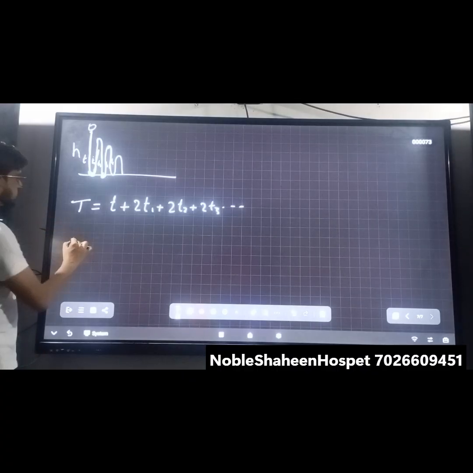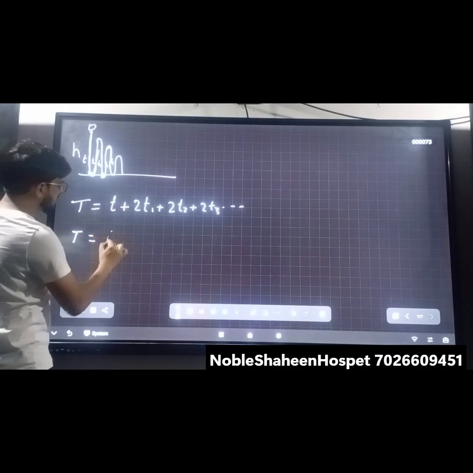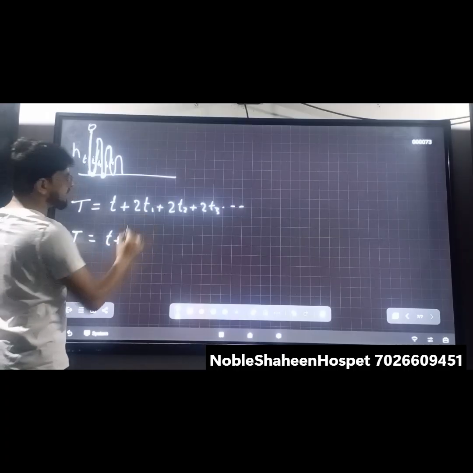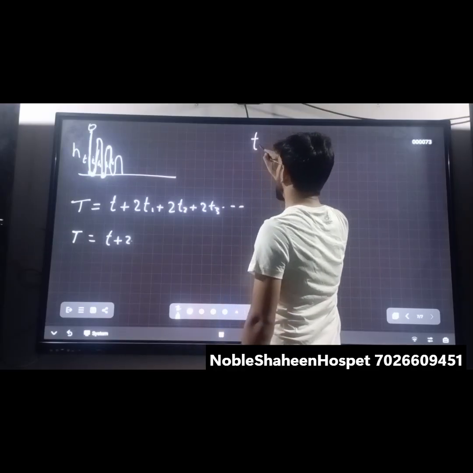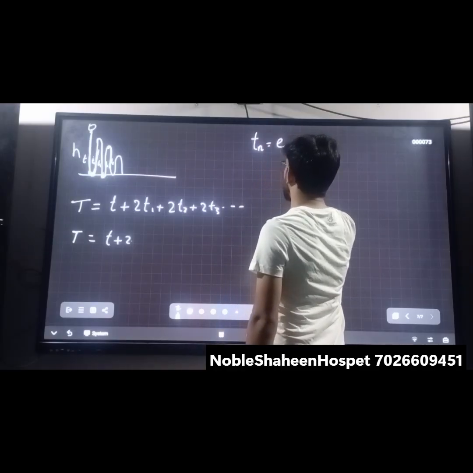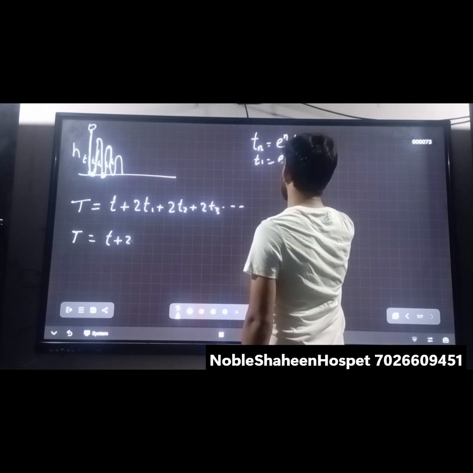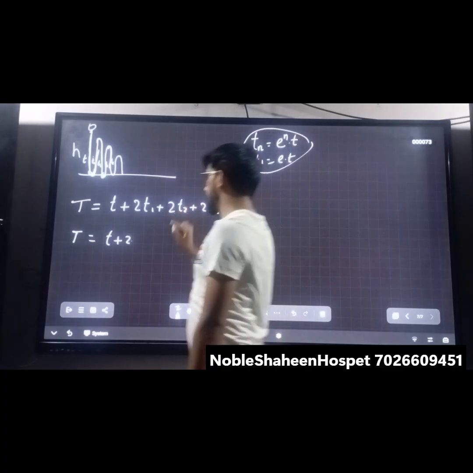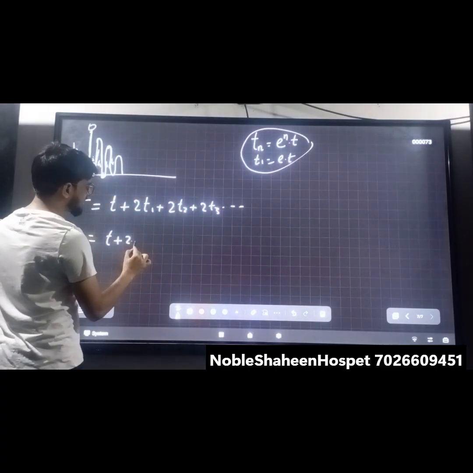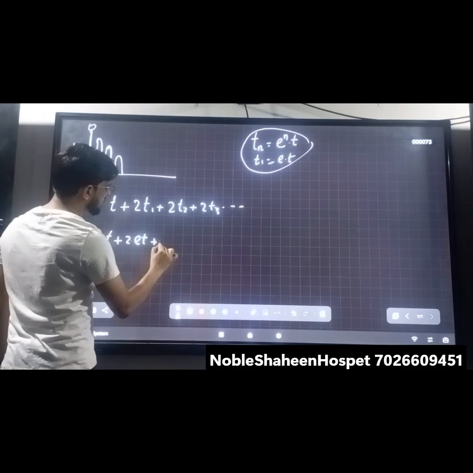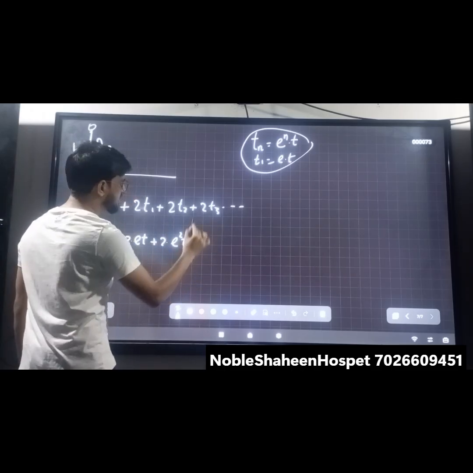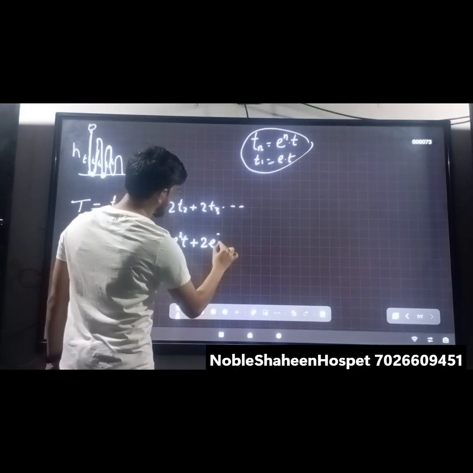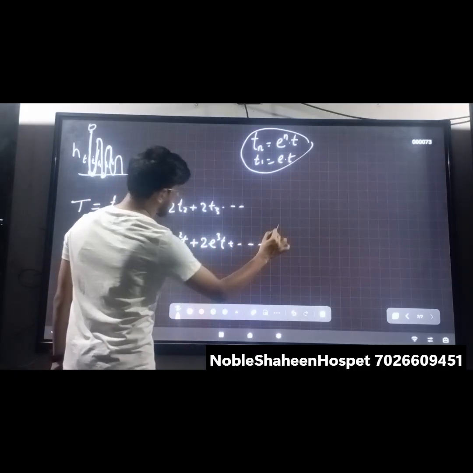Or we can say this total time can be written as t plus 2 into, we have the expression for the time in the rebounding, that means tn is equal to e to the power n into t. So t1 can be written as e into t, so T is t plus 2 into e t, plus 2 into e square t, plus 2 into e cube t, and so on up to infinity.